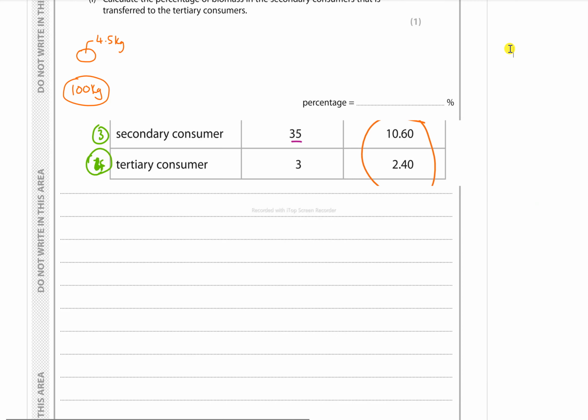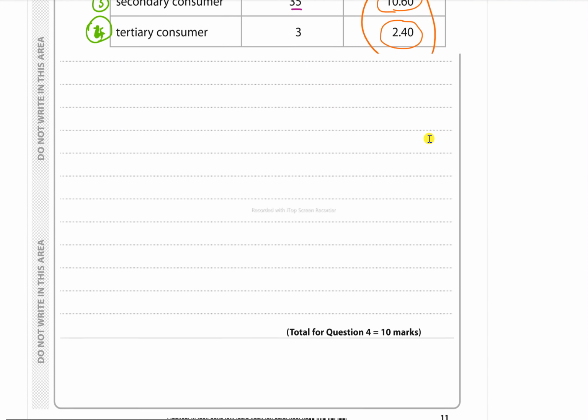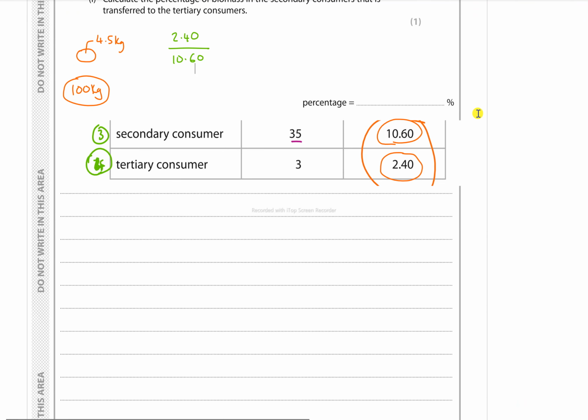We're going to divide the output by the input. Only 2.40 has been transferred out of a total of 10.60 grams. How do you turn a fraction into a percentage? Multiply by 100 and you get 22.6%. They will accept 23%.